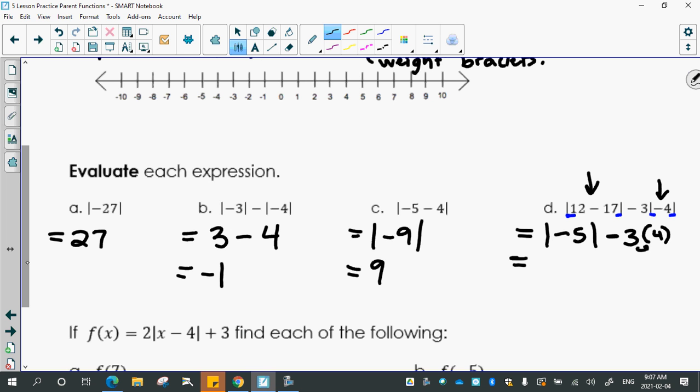Now in my next time through, I can still do the brackets. I can take the absolute value of -5, and then this is a multiplication, so -12 minus 3 times 4, -12. And then 5 minus 12 is -7.